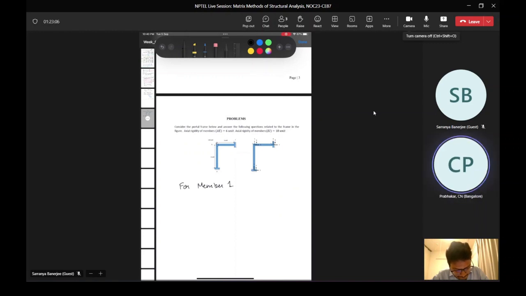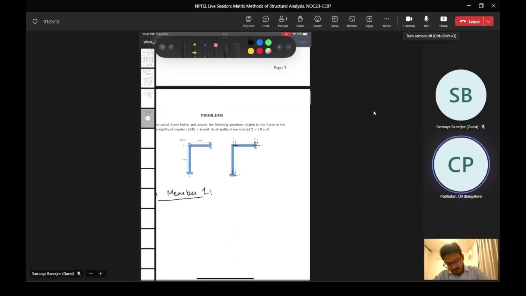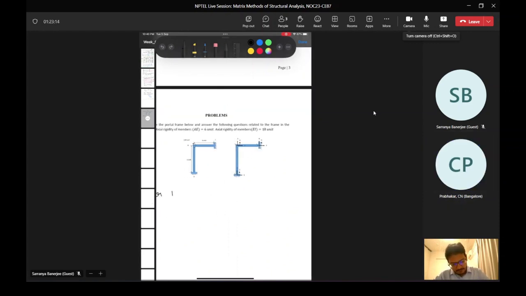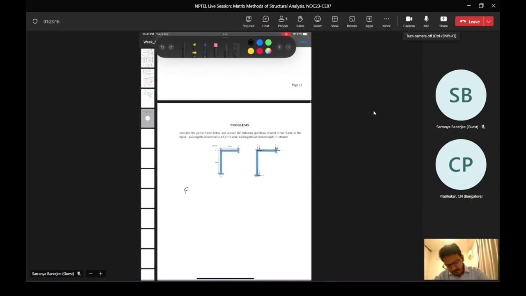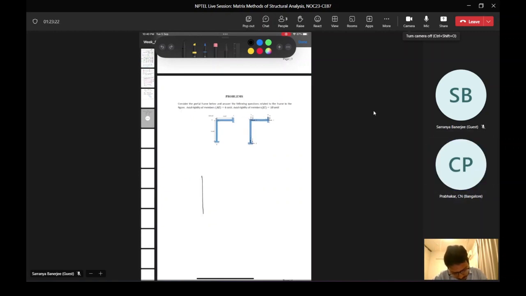We have to zoom in slightly. I can't read the numbers, Mr. Banerjee. Okay, I can read A, B, C. What I can do is draw it on a bigger scale. So this is 6 units, this is 6 units.